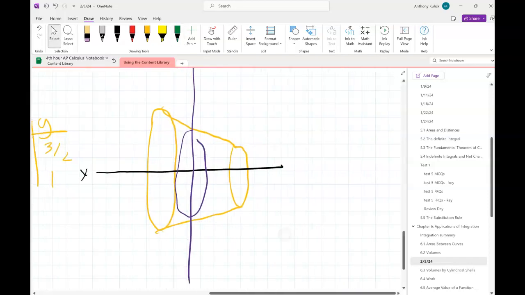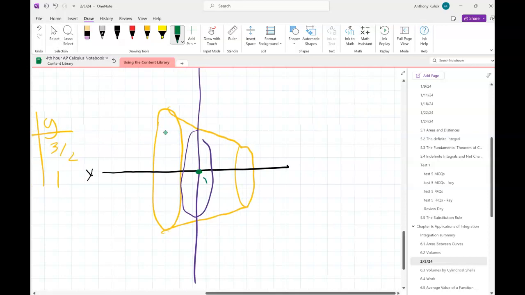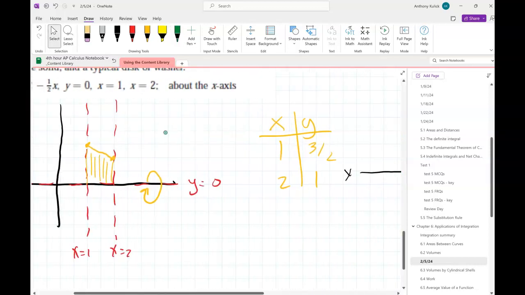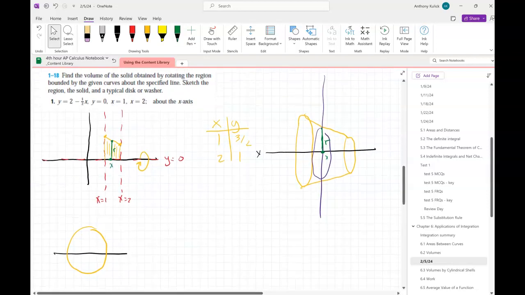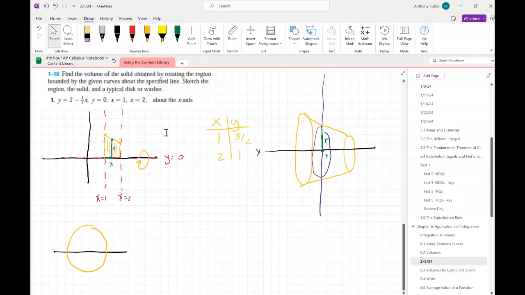So, if I take some cross section here, some x, and I look for the radius of that, that's the same thing as picking some x here and drawing that. That's the radius of my cross section, right? Did you guys see how I went from the 3-dimensional picture to the 2-dimensional piece?